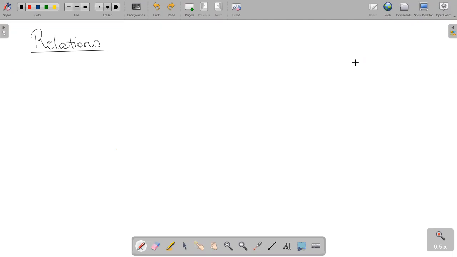All right, so today's focus area is relations and functions. So this is essentially question number 4, and part of question number 8.